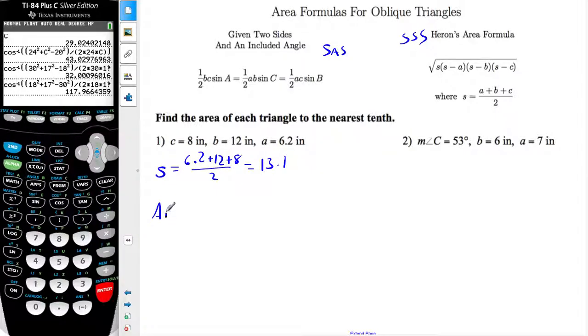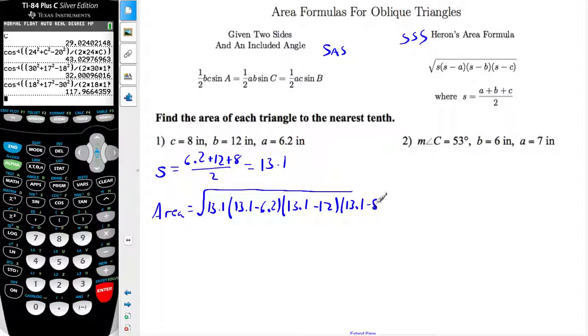So the area is going to be equal to the square root of 13.1 times 13.1 minus 6.2 times 13.1 minus 12 times 13.1 minus 8.